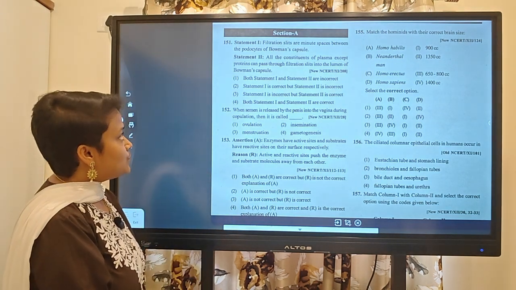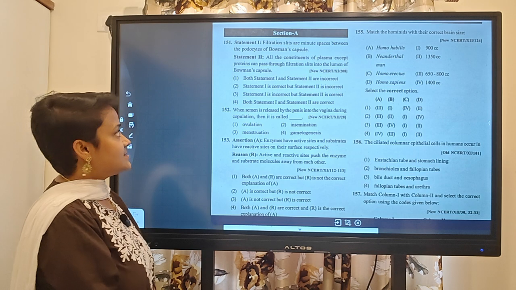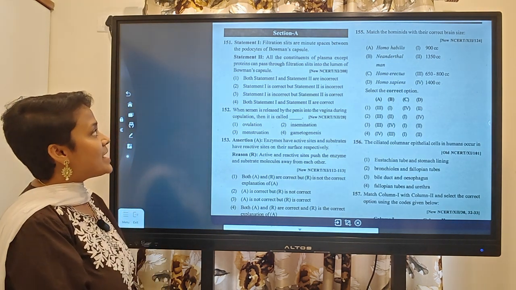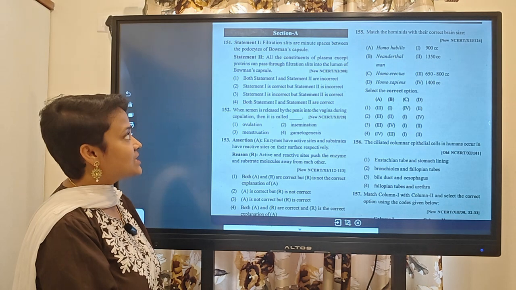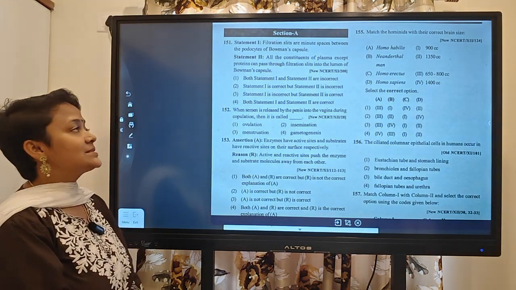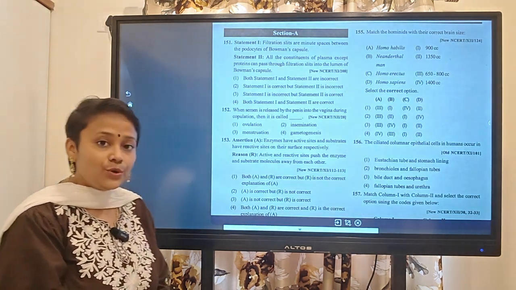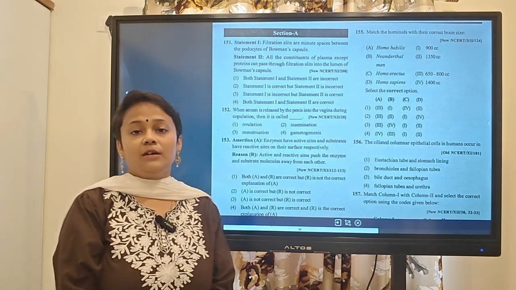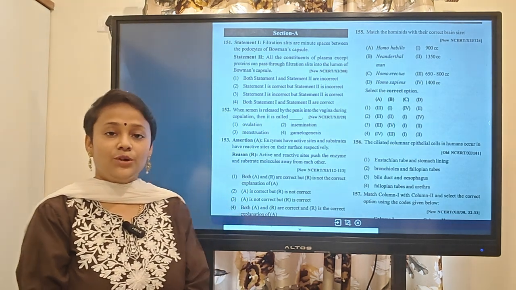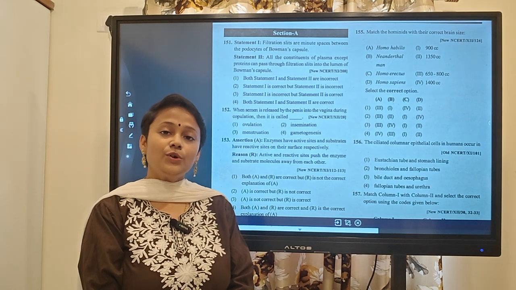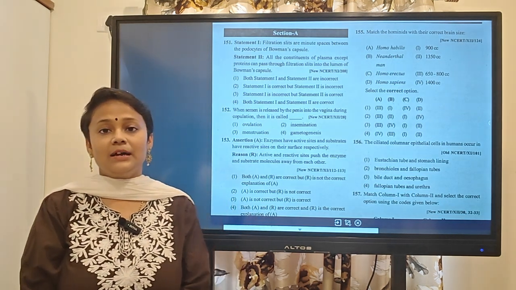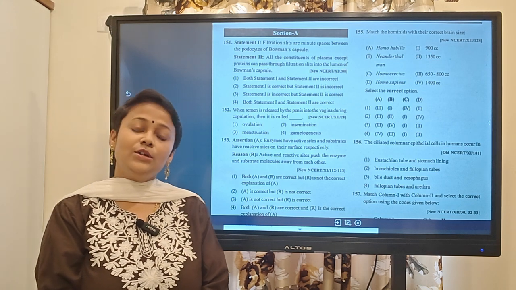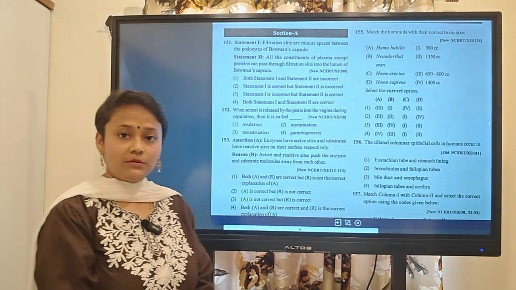And statement 2 suggests that all the constituents of plasma except proteins can pass through filtration slits into the lumen of Bowman's capsule. We know that the glomerulus will receive blood from its afferent arteriole, and it will pass the blood into the glomerulus, and it will throw the blood out through the efferent arteriole, right?